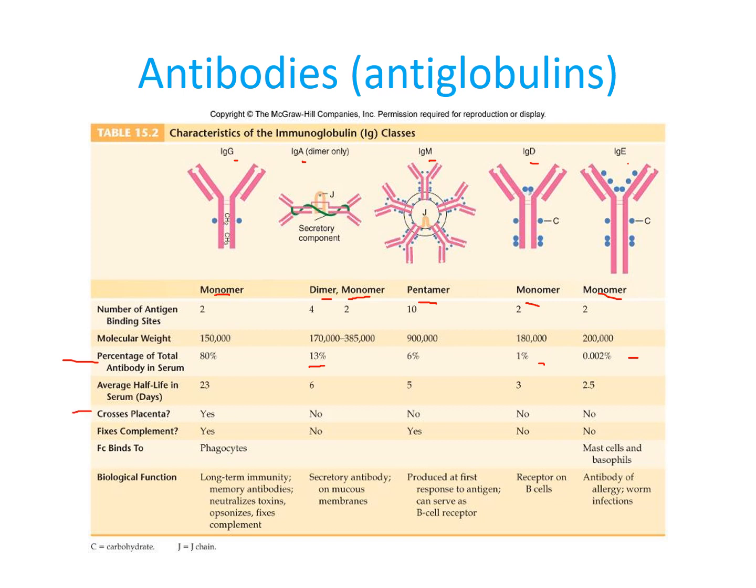Also, I want you to note which one can cross the placenta. There's only one, and that's IgG. Which ones can fix complement? Two of them can, IgG and IgM. IgA, D, and E do not fix complement. We'll talk about this more, but also biological function. You already know this.